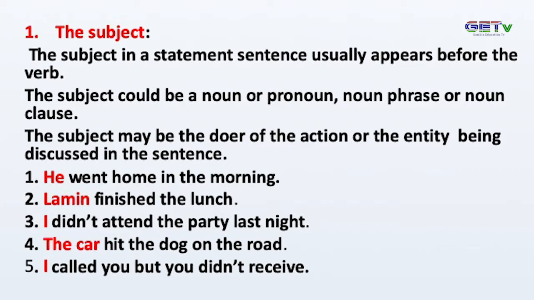Our subject here is I, which is a pronoun. And number 4, the car hit the dog on the road. Number 5, I called you, but you didn't receive. So all these are subjects that appear before the verb.